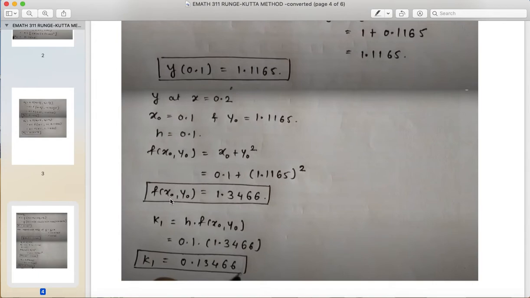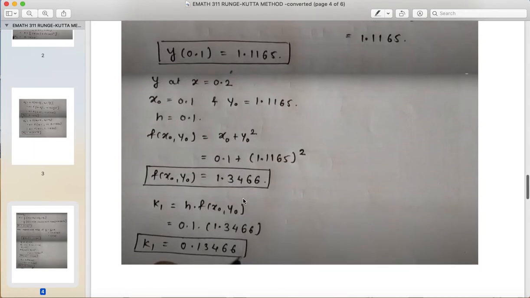So we get f of x naught and y naught equals 1.3466. All right, and we need to substitute. After getting the f of x naught and y naught, we need to proceed to find the k's, which is k1, k2, k3, and k4.